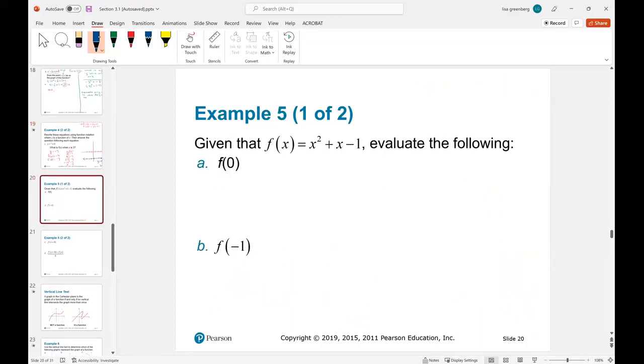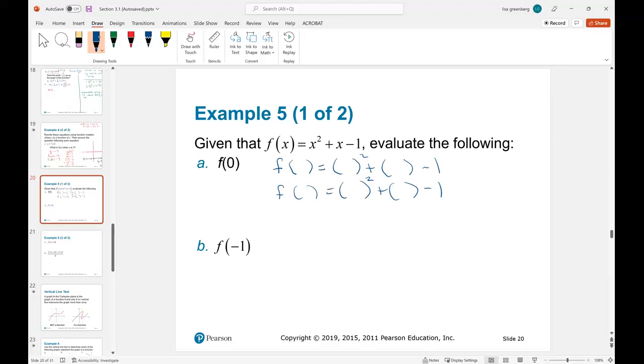So let's evaluate. And again, I'm going to do it the long way, you do not have to do it my way. I promise it will work if you know what you're doing. If you aren't sure what you're doing, just do it my way. I promise it'll work. This is f of x equals x squared plus x minus 1. So notice all I did is I copied the equation.